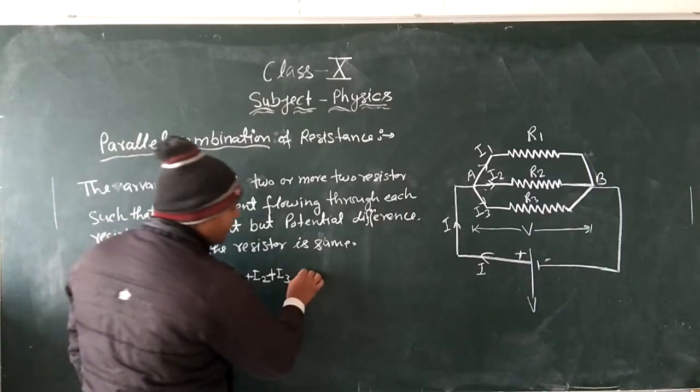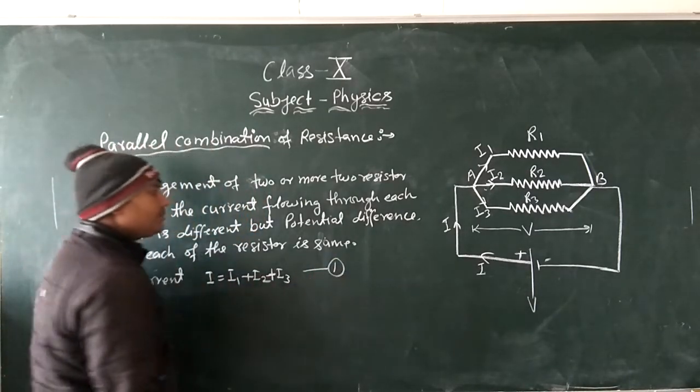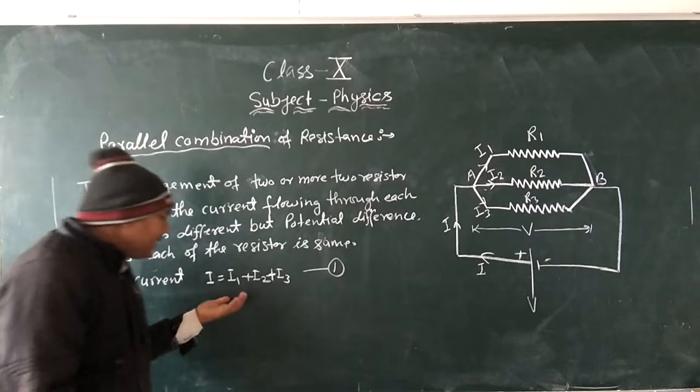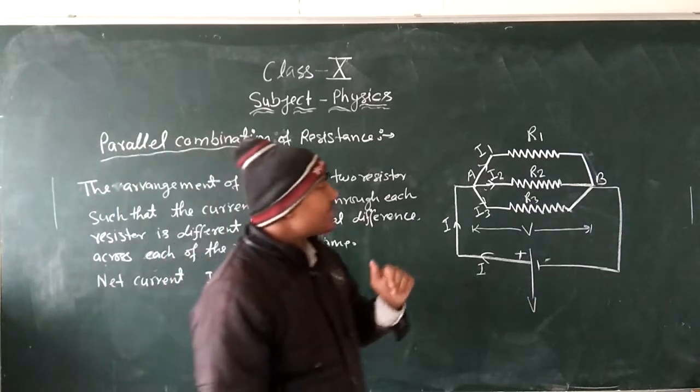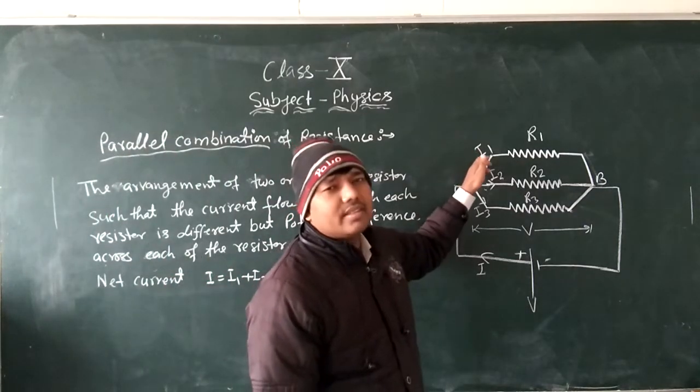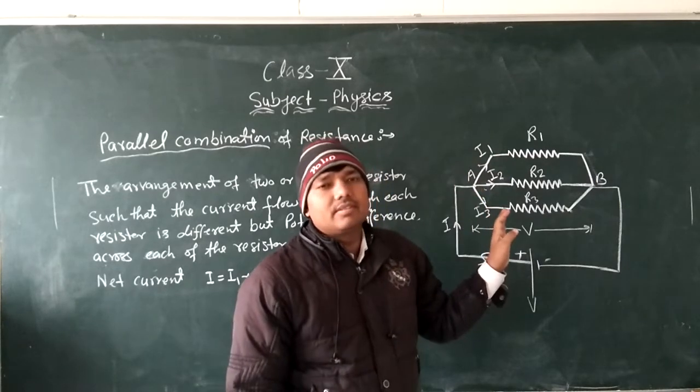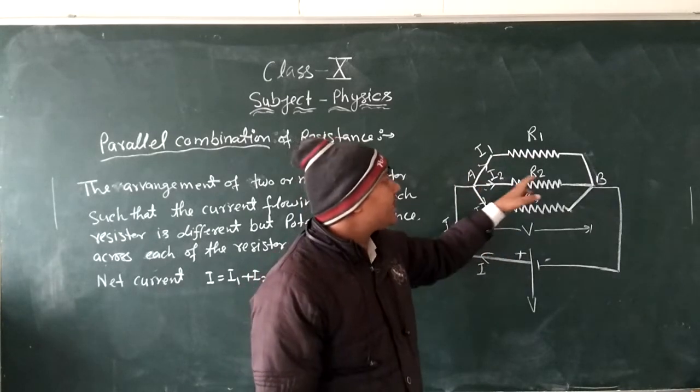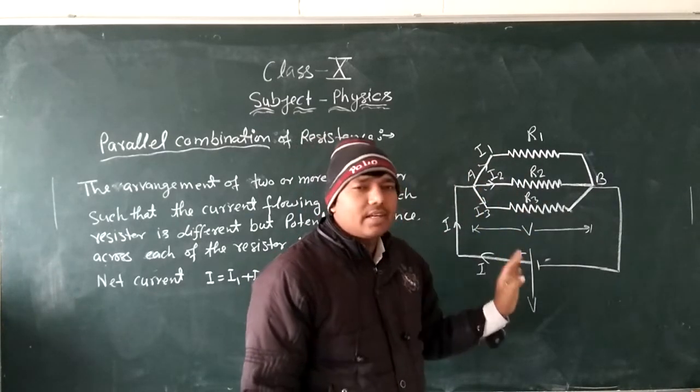This is equation number 1. So what are I1, I2 and I3? I1 is the current across R1, I2 the current across R2, I3 the current across R3.